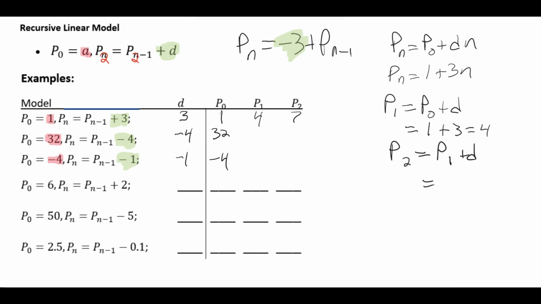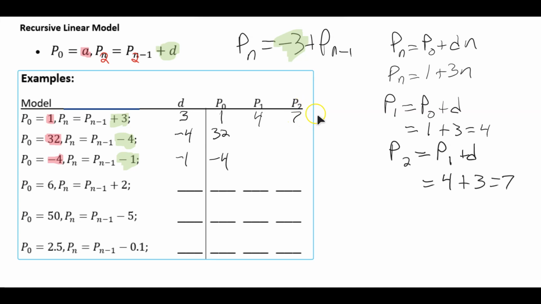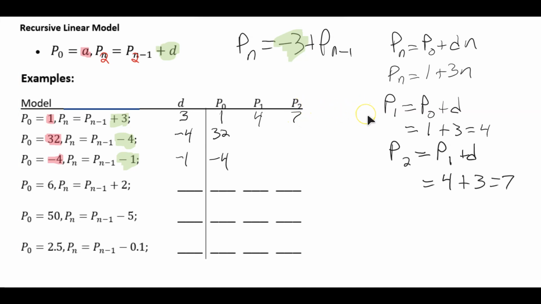P sub 1 is 4. And D is still 3. It's a constant. There's 7. So in this way, we can use the actual recursive definition to generate terms one at a time.